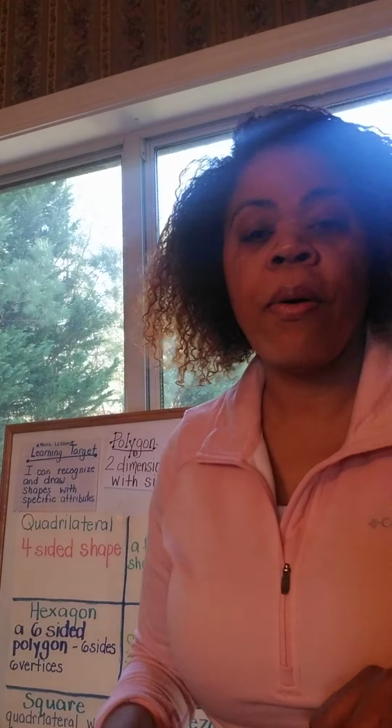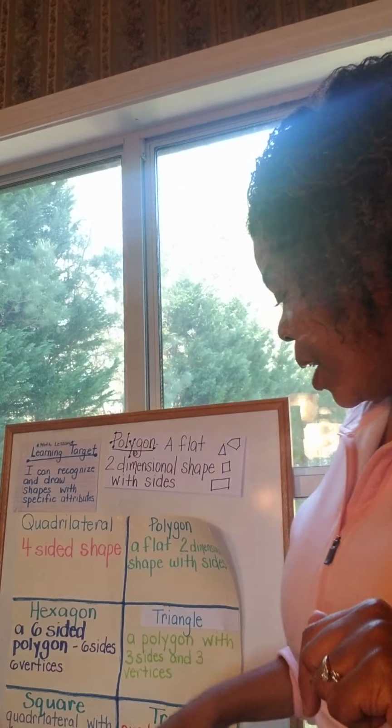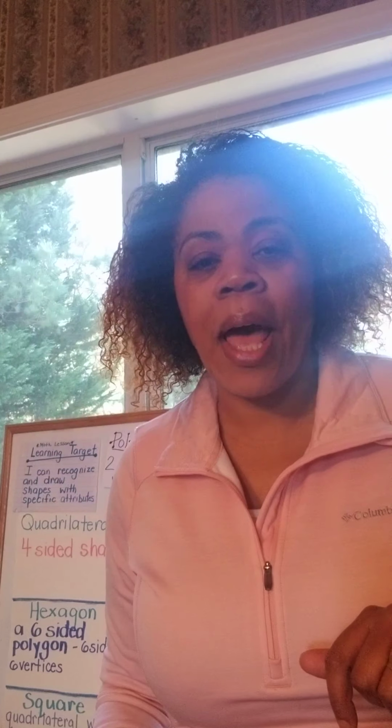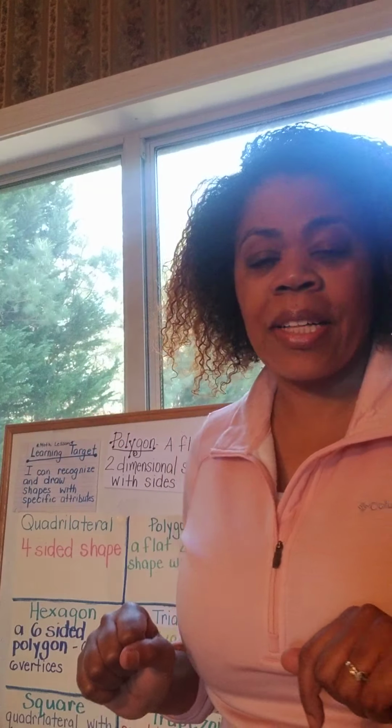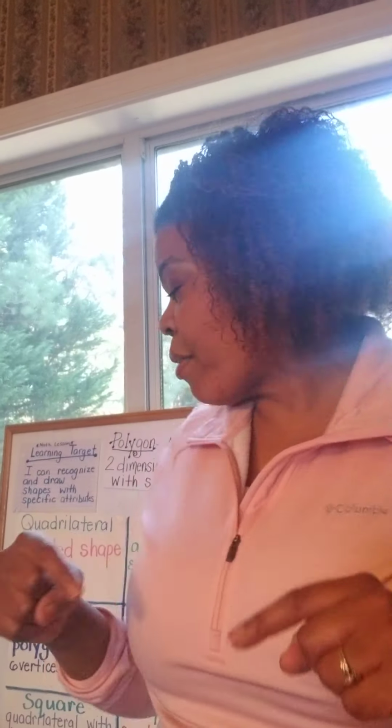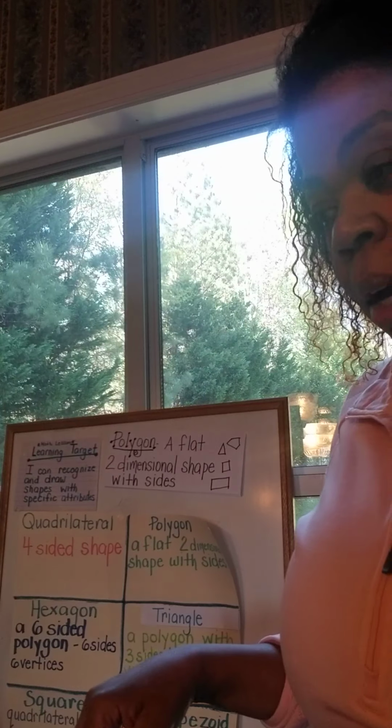Rectangle also is a quadrilateral. It has 4 sides, and it is also a polygon. And a pentagon, remember pentagon has how many sides? 5 sides. And we know that means it's not a quadrilateral, but it is a polygon, okay?